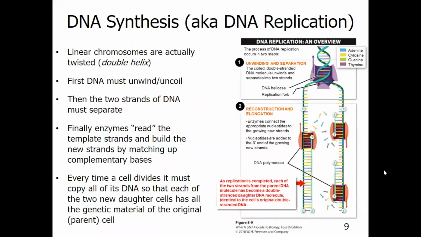If we look a little bit closer at DNA synthesis, here we see in figure 8.9 what the chromosome is really looking like. So here we see the double helix, the spiral of the DNA, and we see that the two strands of DNA have been separated. Once these two strands of DNA are separated, these enzymes, called DNA polymerase, can synthesize the complementary strand.